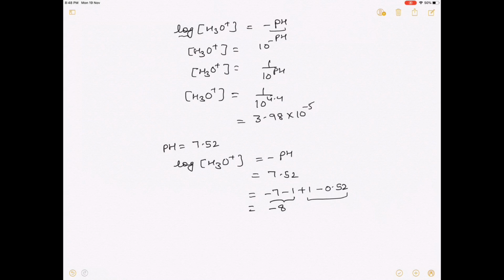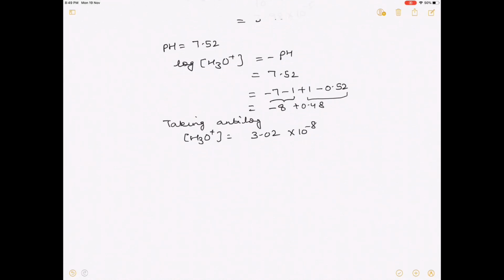Now 1 minus 0.52 is 0.48, which is the mantissa. Now taking the antilog again of 0.48, the hydronium ion concentration will be 3.02 times 10 to the power minus 8.